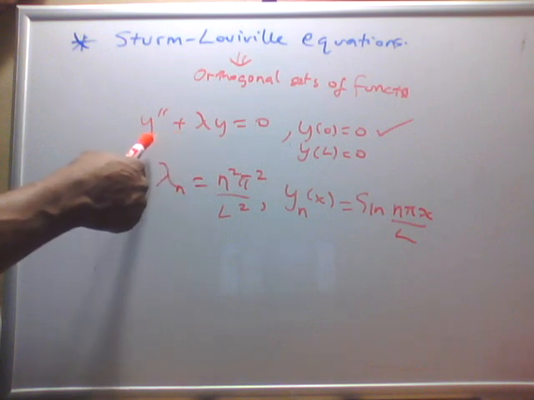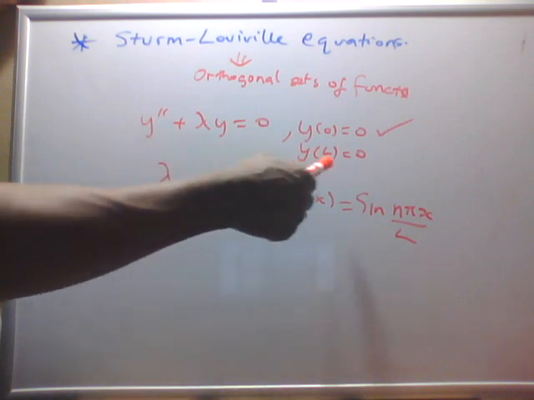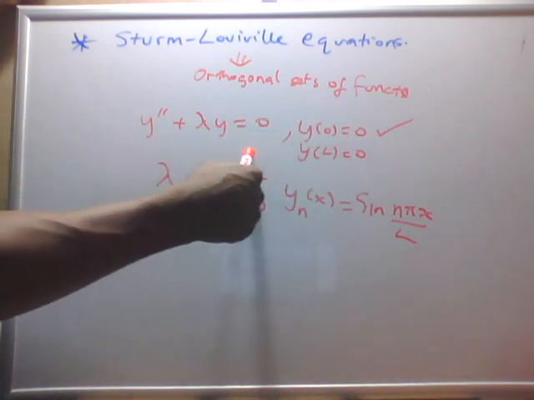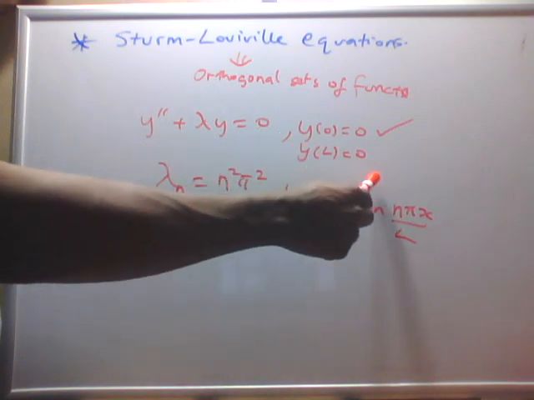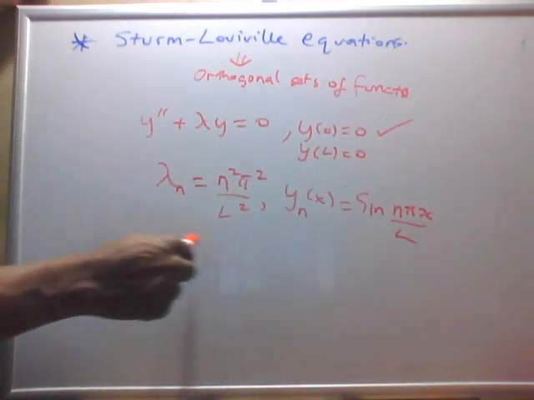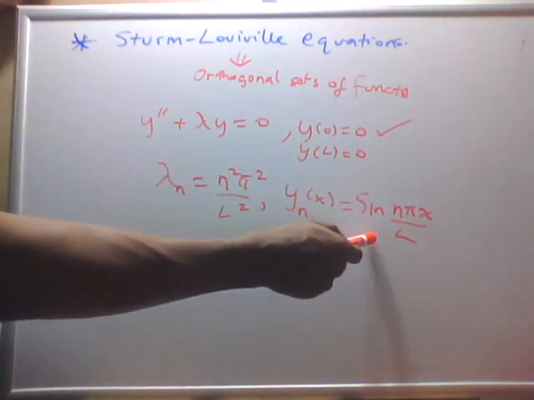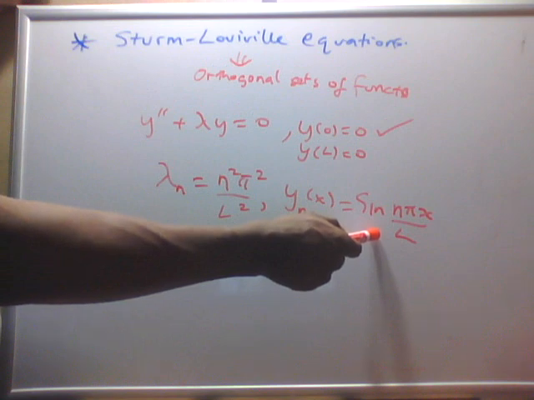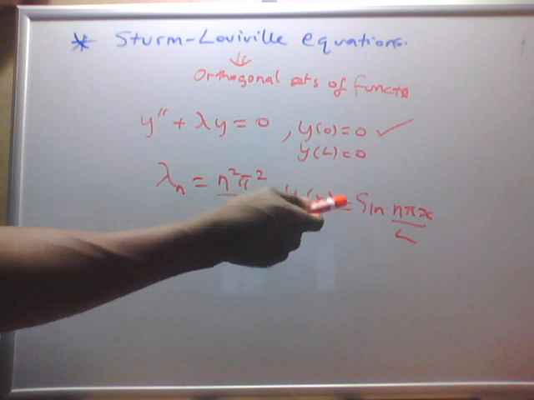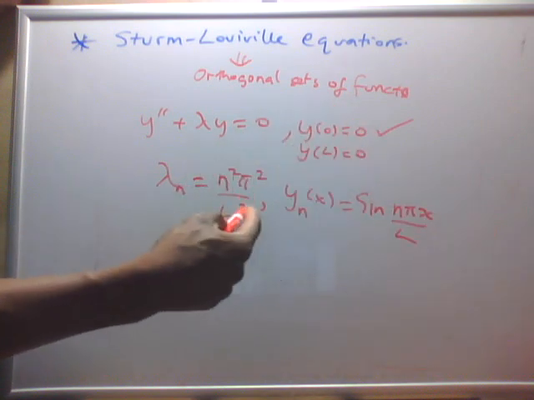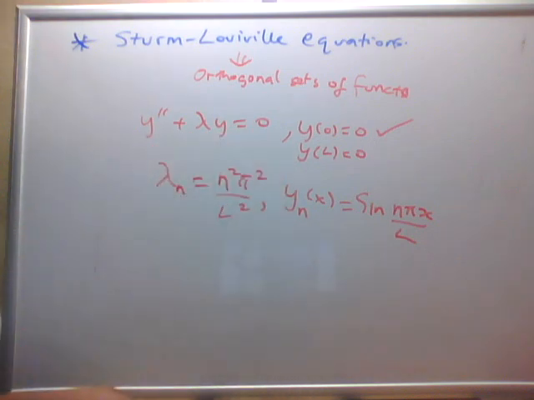You have a given Sturm Liouville kind of equation, and with the appropriate boundary condition, we end up with eigenfunctions that are orthogonal. And this is the same set we used for the Fourier sine series. Orthogonal and linearly independent because of the orthogonality, with a corresponding eigenvalue.